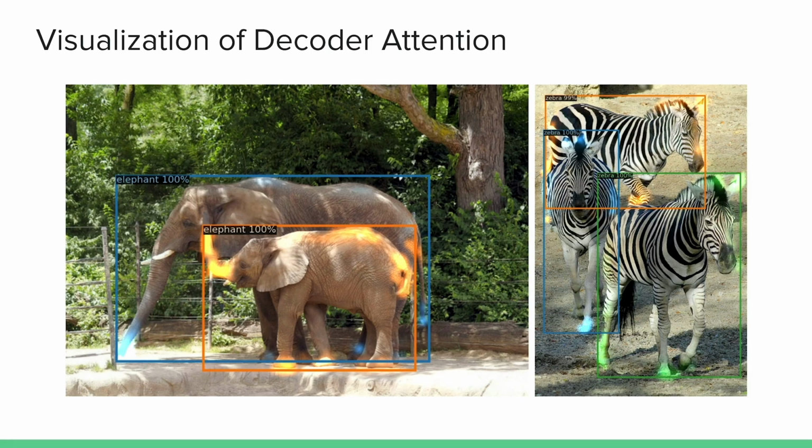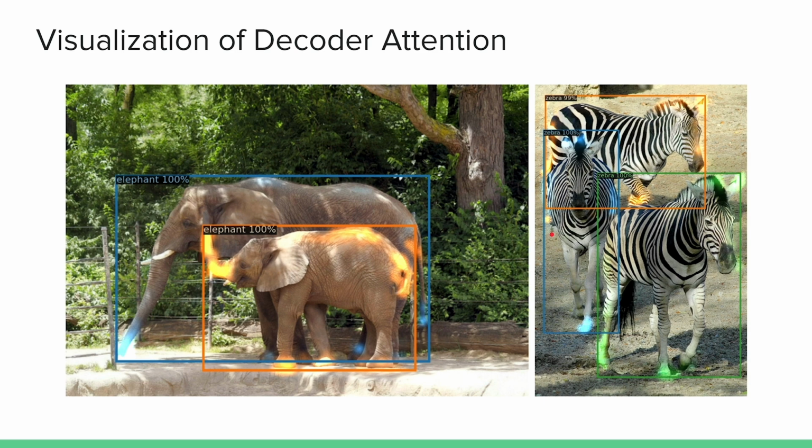Also for the zebra, you see that where it basically looks is the extreme outer parts of the zebra, like the ears and the legs. And maybe the most interesting thing is this part here, where we see a leg, and obviously that leg could belong to two objects.